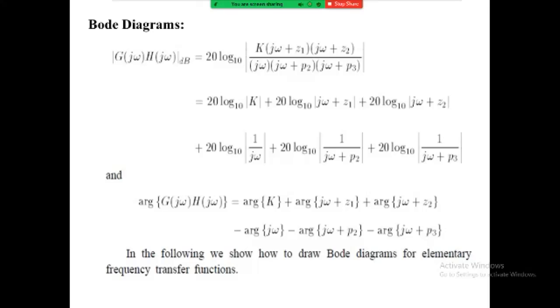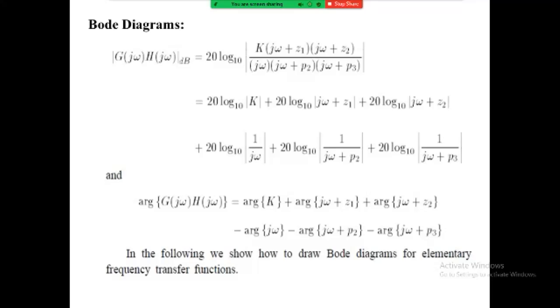Here also every term has log to the base 10. And the argument of G(jω)H(jω) is equal to the argument of K, plus argument of (jω + z1), plus argument of (jω + z2), minus argument of jω, minus argument of (jω + p2), minus argument of (jω + p3).